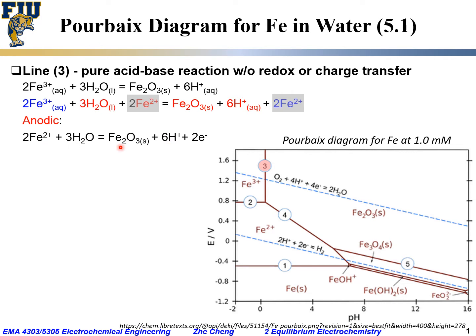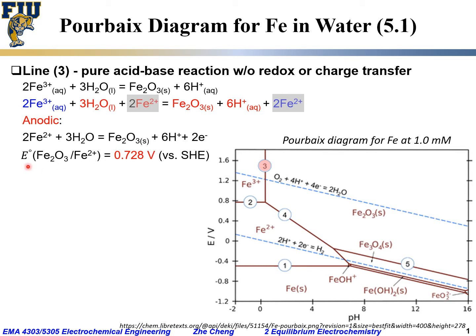So the charge and mass are all balanced for this anodic or oxidation half-cell reaction, essentially going from Fe2+ to form Fe2O3.